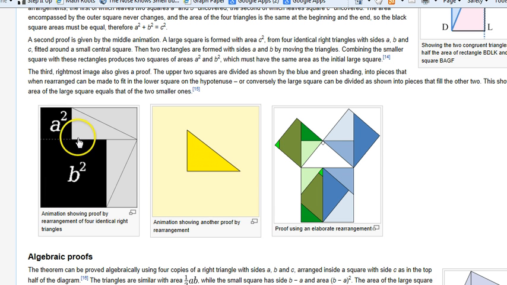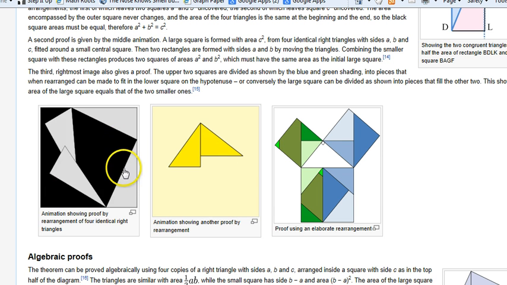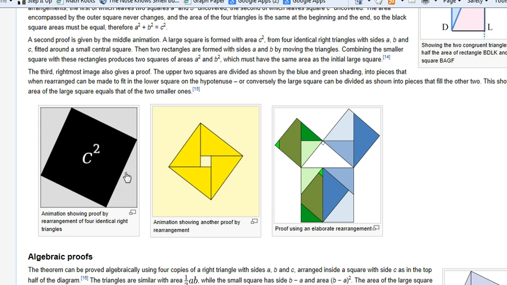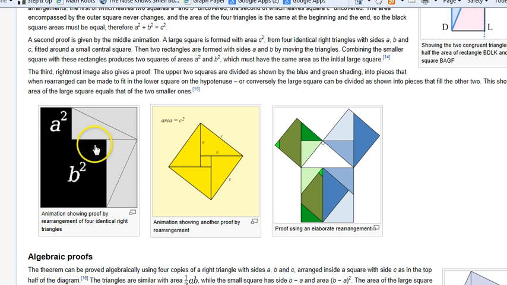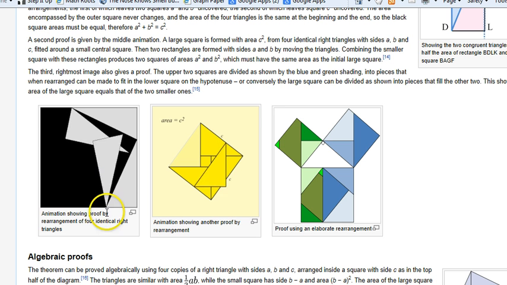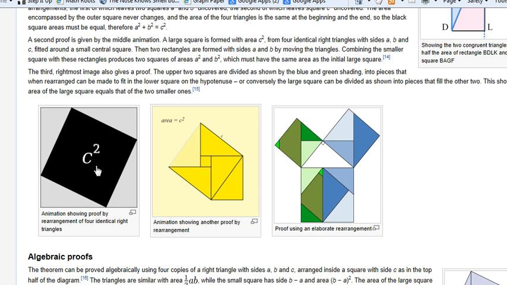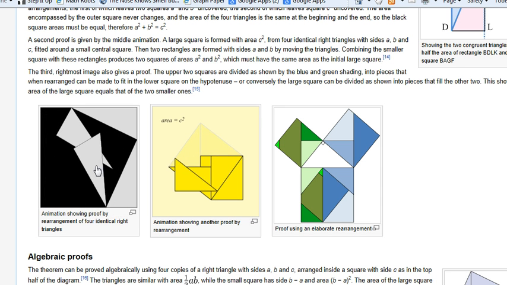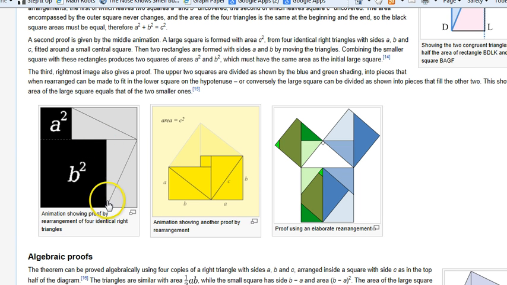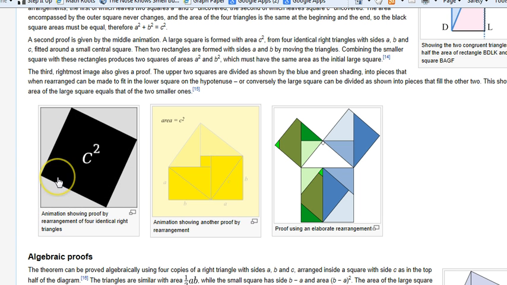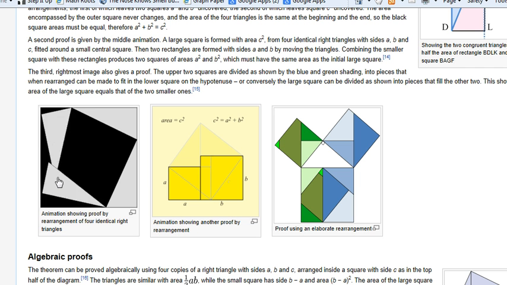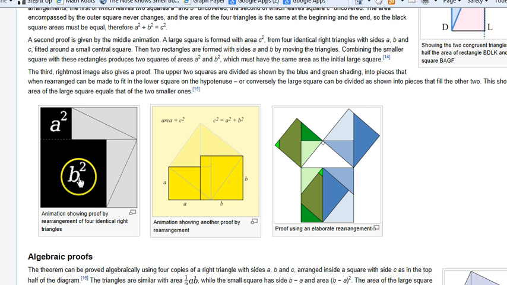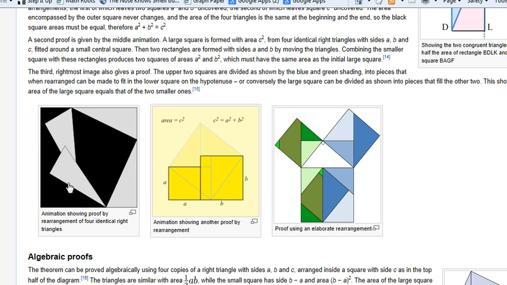Now if I look at side b, right here, this is another leg of the triangle. If I make a square based on that length, I get square b, the area of b squared. So I have a squared and b squared.